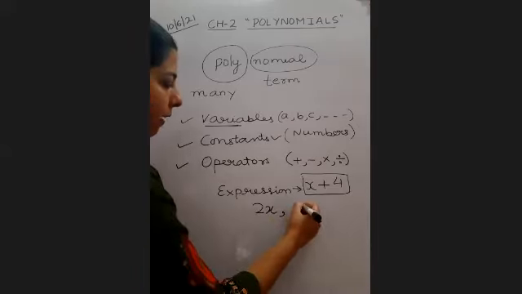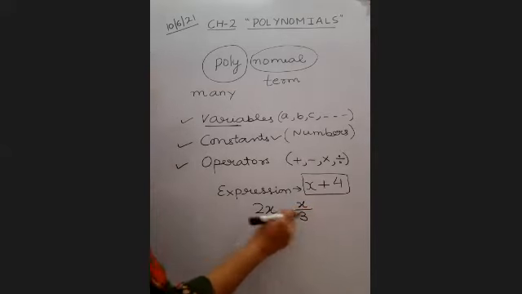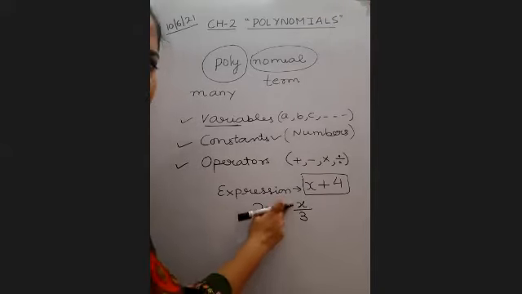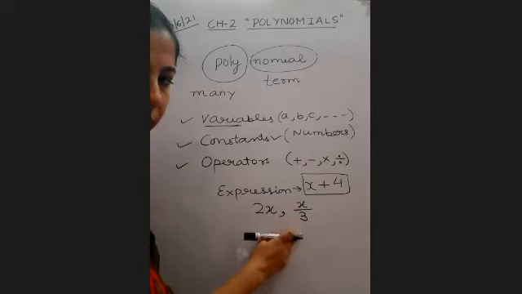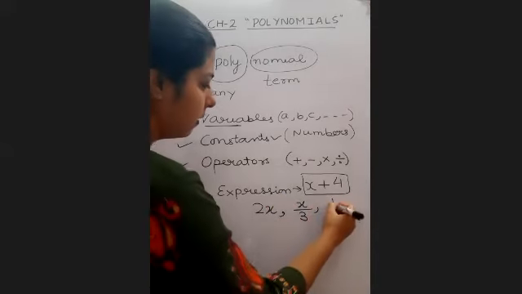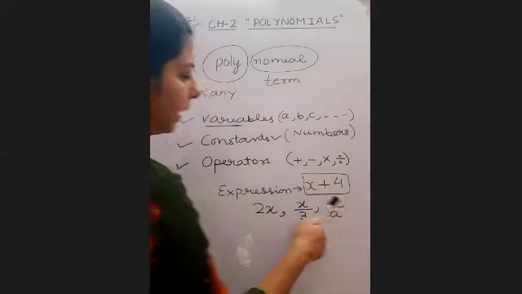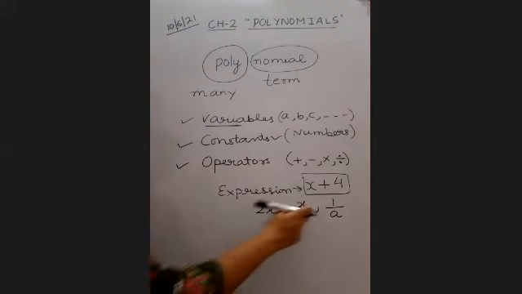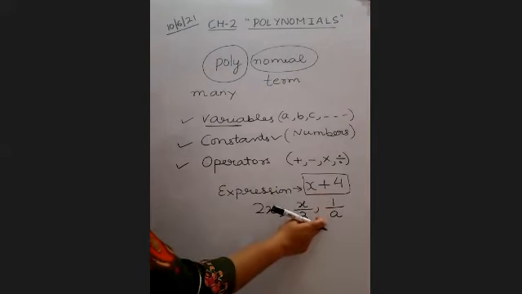If I have x upon 3, what does it express? x divided by 3. It means one-third of a number. If I write 1 upon x, it means the reciprocal of a number.